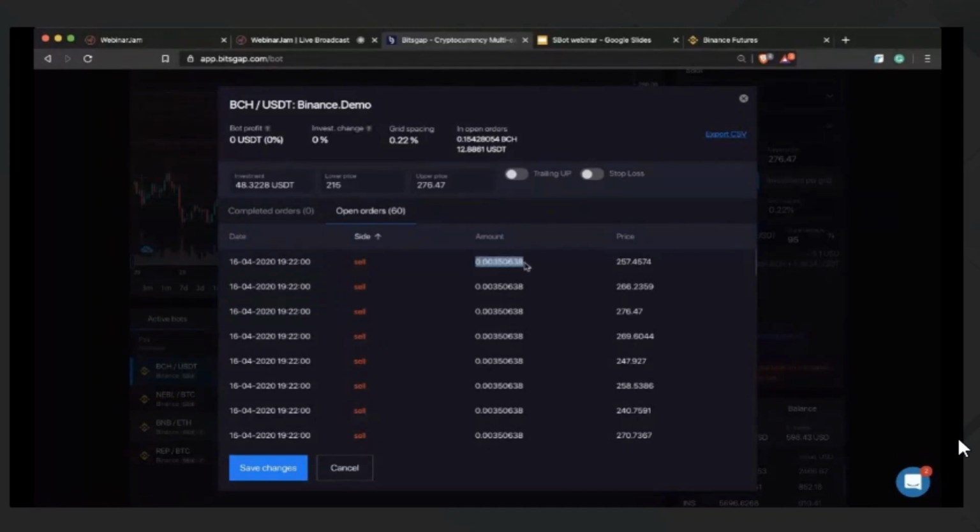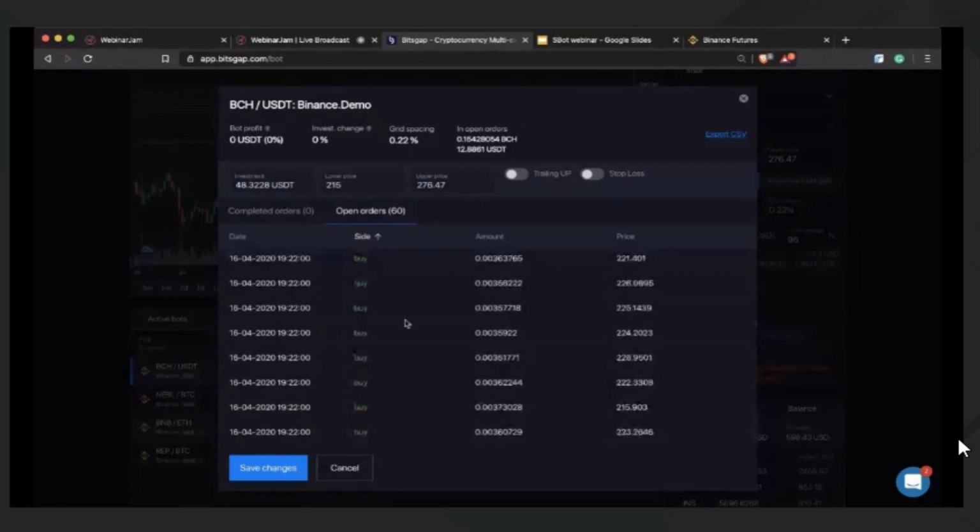And you see that there is a proportionate distribution of my Bitcoin Cash. So at this price, it's going to sell this amount. At that price, it's going to sell that amount. I also have buy orders because as we initiated the bot, you remember that we had a narrow side of buy limit orders.